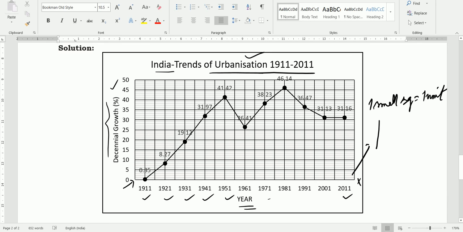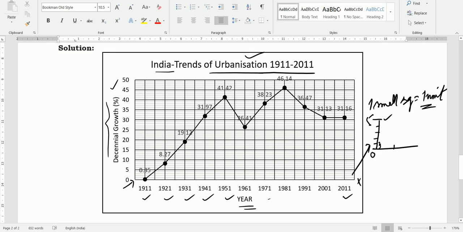Let us see here. This is 0 and 5 is here: 1, 2, 3, 4, 5. That means one small square is equal to 1 unit. So the first value is 0.35, that means less than 1.